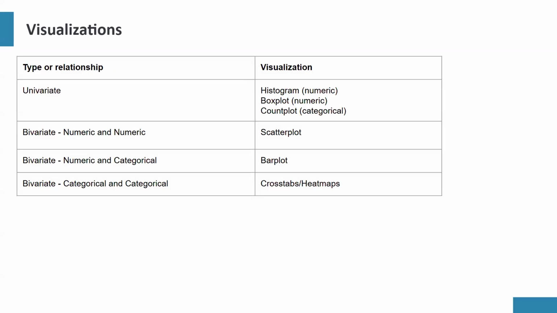Wait, what's a count plot again? Yeah, a count plot is similar to a histogram. A count plot is when you just have one variable. Let's just do favorite color, and I've got green, blue, and red. How many people here is their favorite color green out of those three? 10, right?